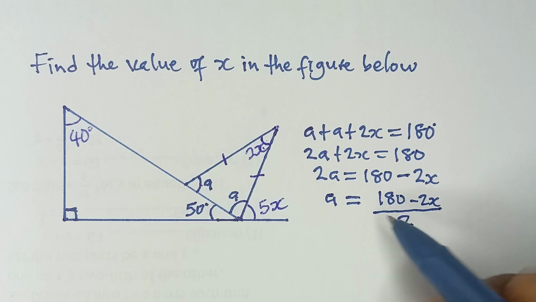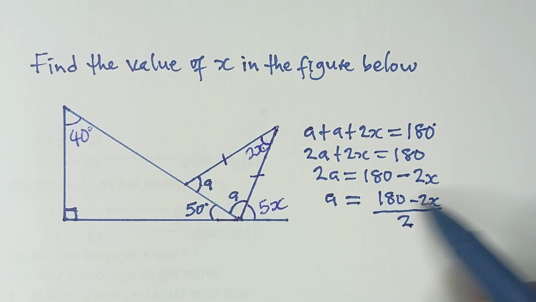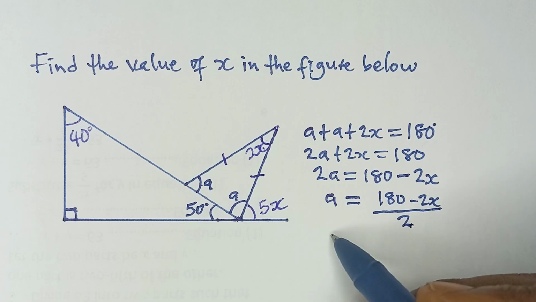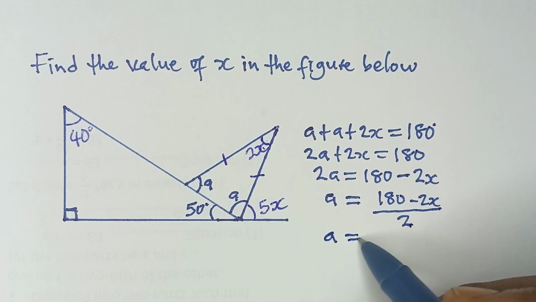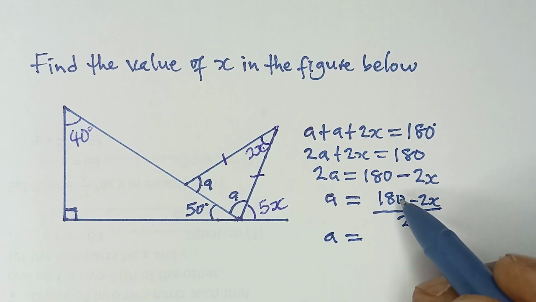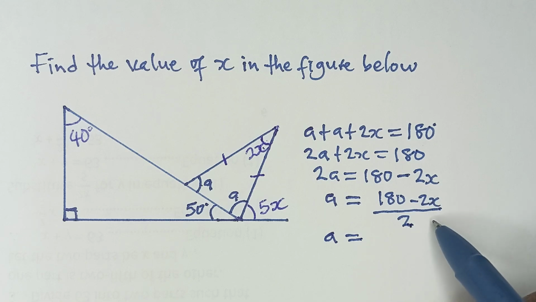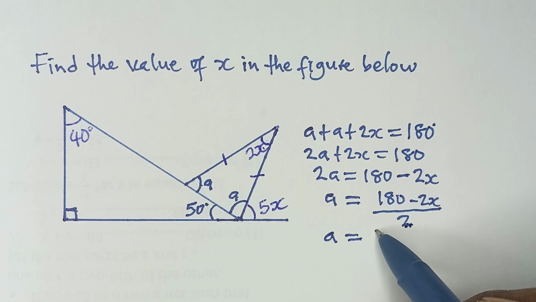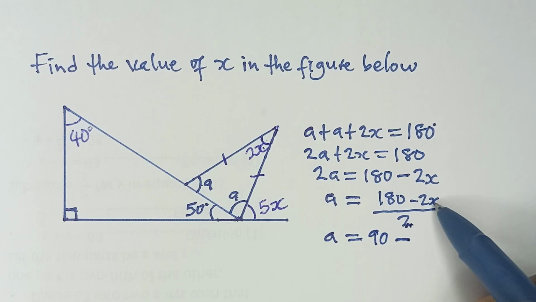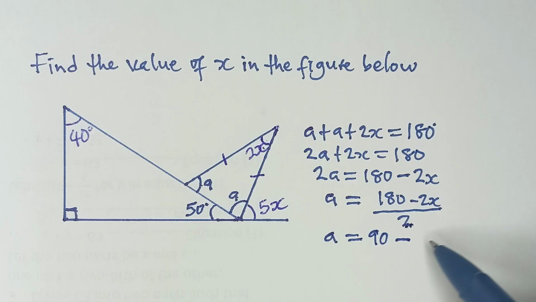If I decide to separate this fraction into two fractions, I'll have A given to me as 180 over 2. That means for you to separate a fraction like this into two different fractions, you divide each of the terms in the fraction by the denominator. So 180 over 2 will give me 90. Then the sign here is minus, and then 2x over 2.